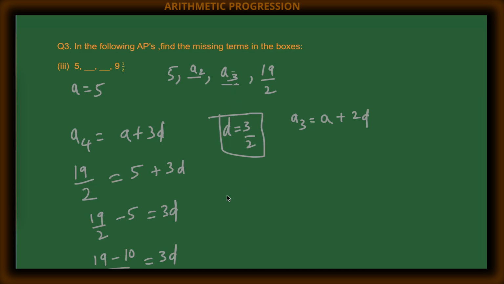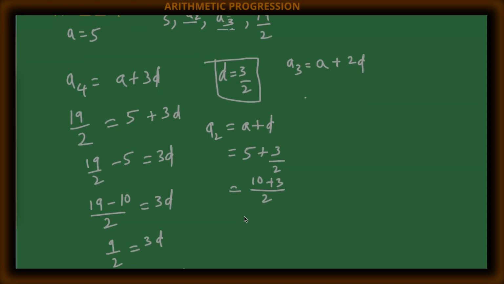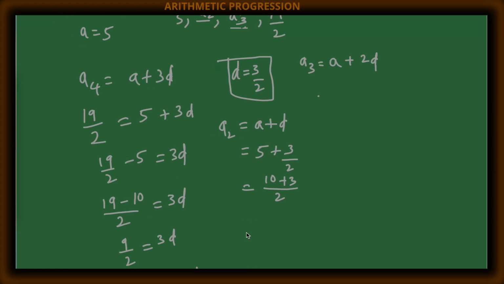Let's first find the second term, A2, which is equal to A plus D. Do we know A? Yes, we have A. Do we know D? Yes, we have D, 3 by 2. So 2 fives are 10 plus 3 is 13 by 2.